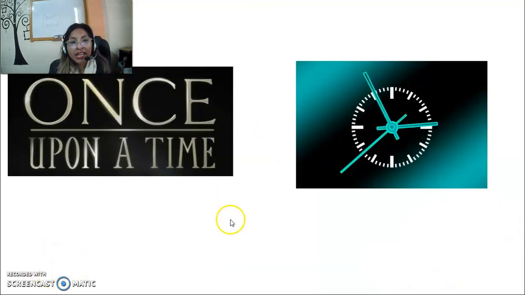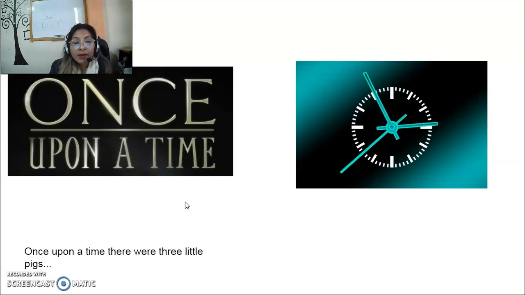And the word time as well, it goes here. We have this expression, once upon a time. A time, you can see here a time as a count noun. Once upon a time, there were 3 little pigs, for example.